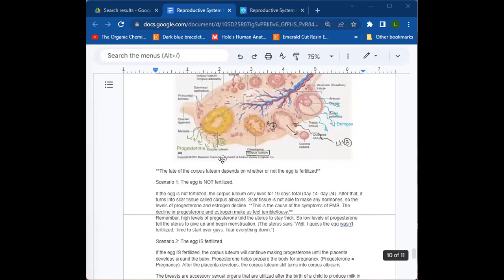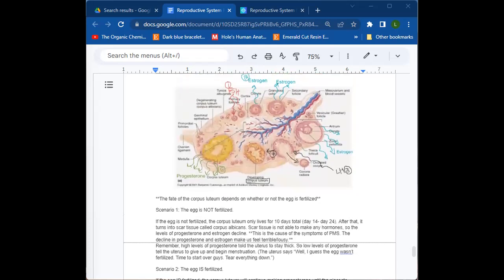Right, now let's take a look at what happens to the corpus luteum. We need to know that the fate of the corpus luteum depends on whether or not the egg is fertilized.